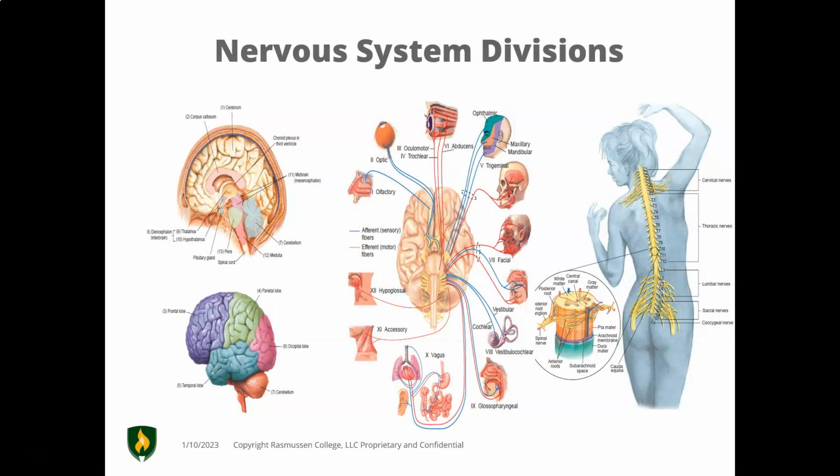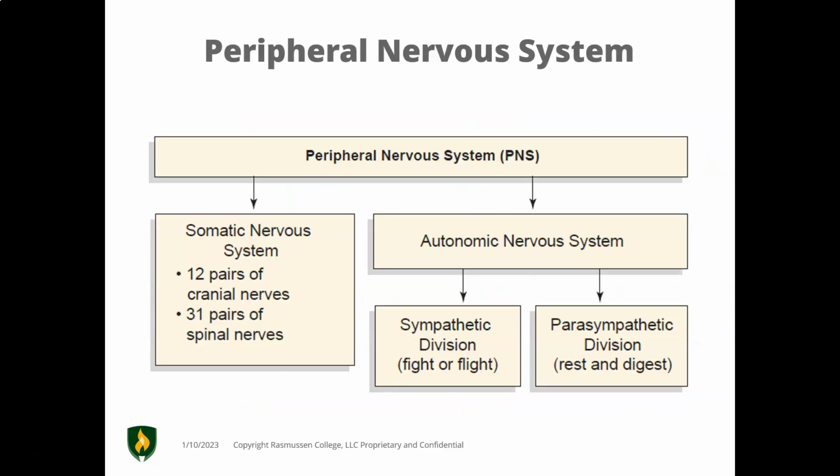So a little bit more about the peripheral nervous system, because it's not confusing enough. We actually break the peripheral nervous system further into what we call the somatic and the autonomic or automatic nervous systems. So we discussed that the peripheral nervous system has 12 pairs of cranial nerves and 31 spinal nerves.